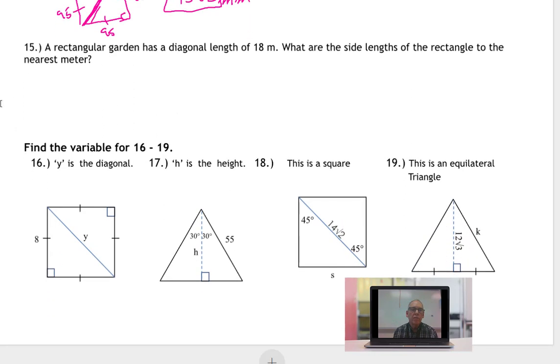So look at number 15. We have a rectangular garden. Rectangle. And it shows that this diagonal length here is 18. And what are the side lengths of the rectangle to the nearest meter?